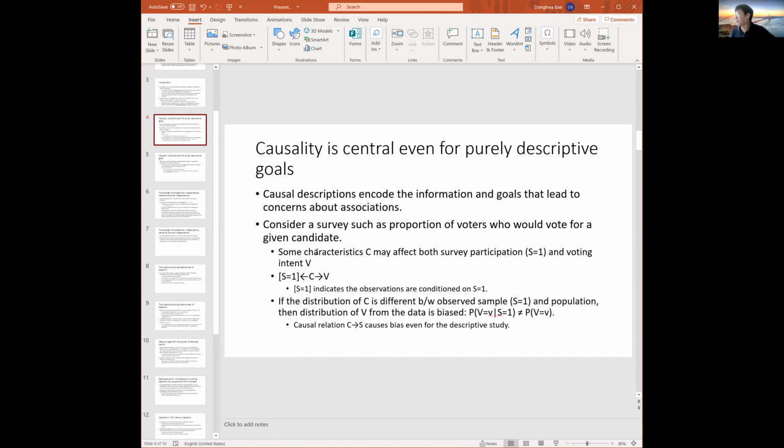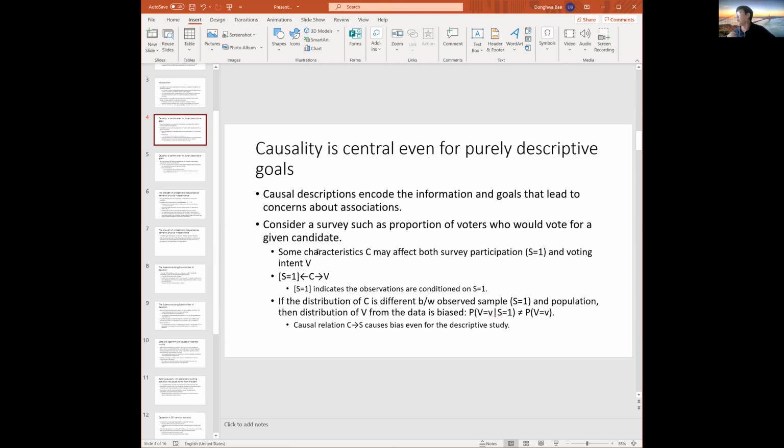If some other characteristic affects whether the sample is observed, for example, let's say that C is income, and people who have higher income have more intent to participate in the survey, maybe because they have more time.